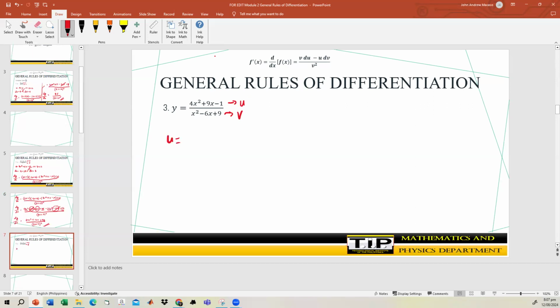So u will become 4x squared plus 9x minus 1. Then v will be x squared minus 6x plus 9. Then finding du, this will lead to the derivative of this, which is simply 8x plus 9, while our dv will lead to 2x minus 6.